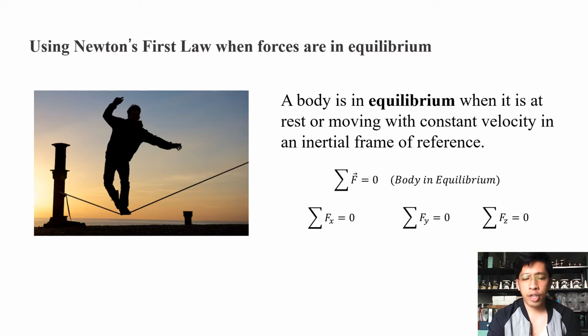And for the net F to be 0, the Fx, Fy, and Fz components should also all be 0. That's the only way the net force is 0. If the sum of all F is equal to 0, by that we mean that the body is in equilibrium.